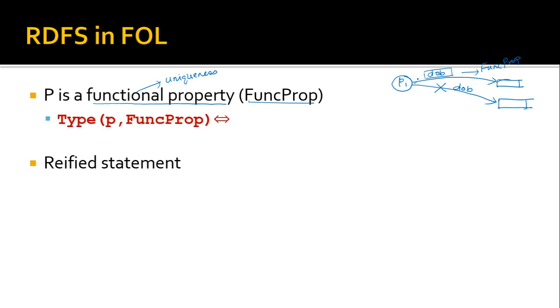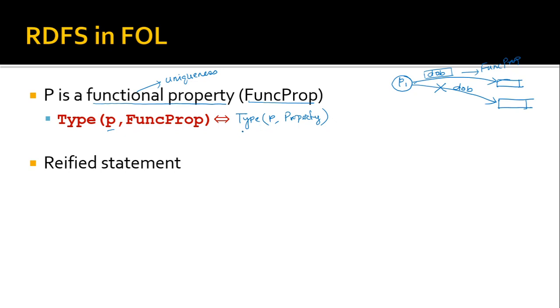Now how do you represent the fact that a particular property is of type functional property? First of all, this P should be of type property. You cannot define a class to be a functional property, right? And then you need to assert the uniqueness fact. And how do you do that?